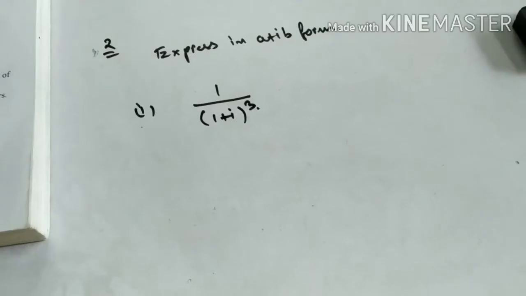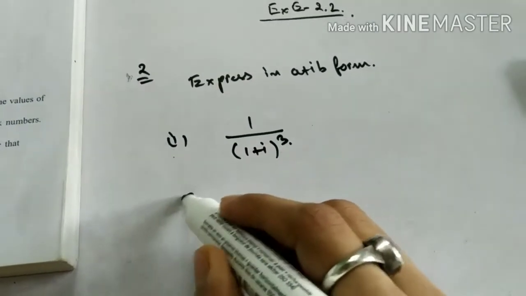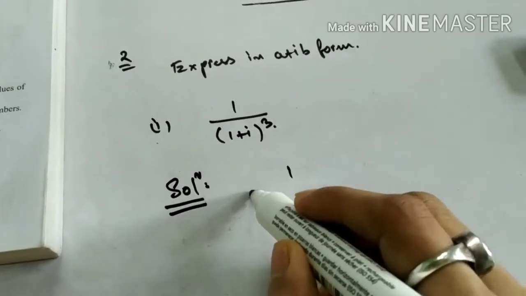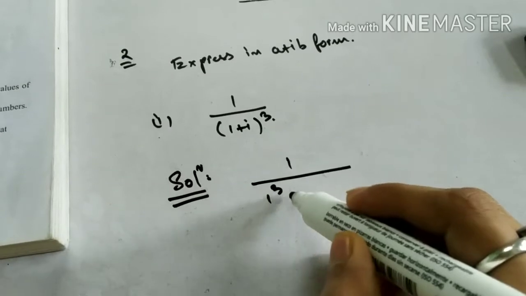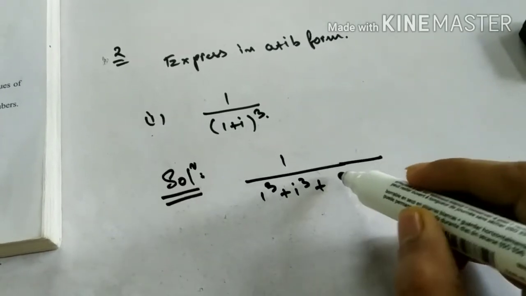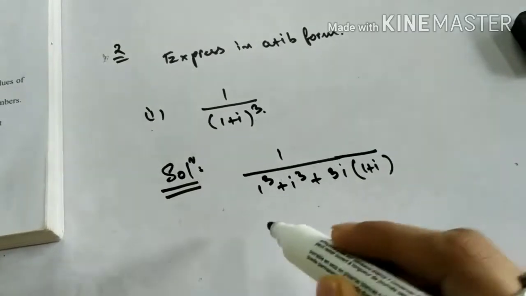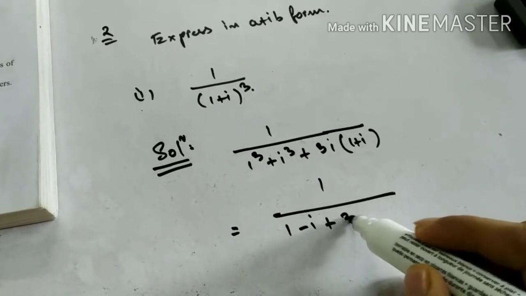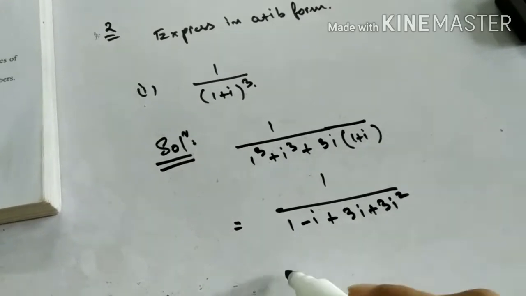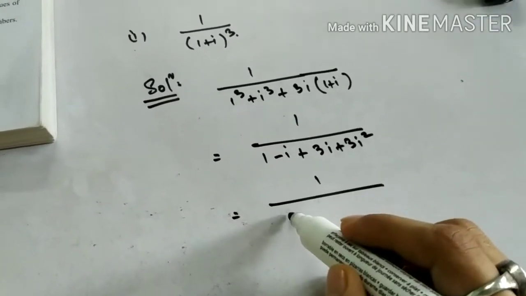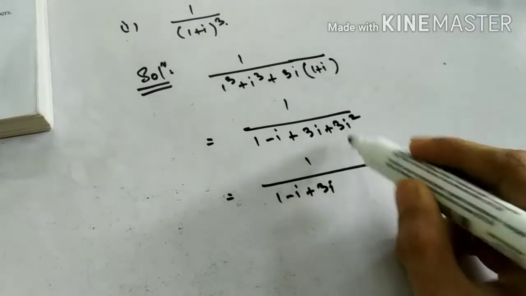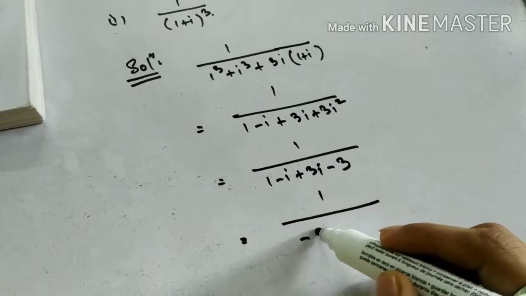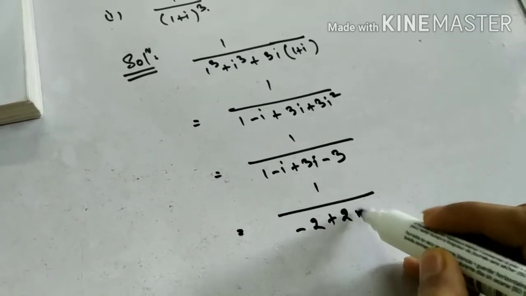So let's break it into formula: 1 cube plus i cube plus 3i(1 plus i). 1, i cube becomes minus i, plus 3i plus 3i square. 1 by 1 minus i plus 3i, this becomes minus 3, 1 minus 3 becomes minus 2, and this becomes plus 2i.